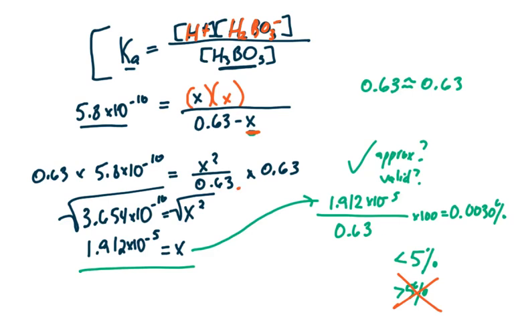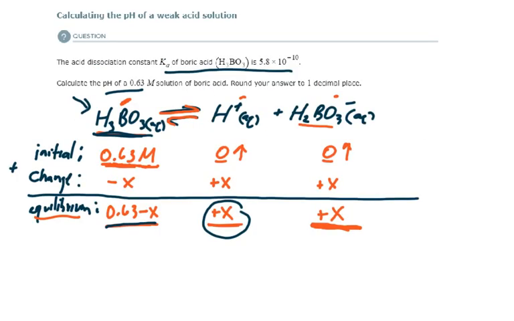So now that I know this change in concentration, or value for X, is valid, let's plug it in and solve for our equilibrium concentrations for each of these three major species. So we have boric acid, we have hydronium, and we have the conjugate base.